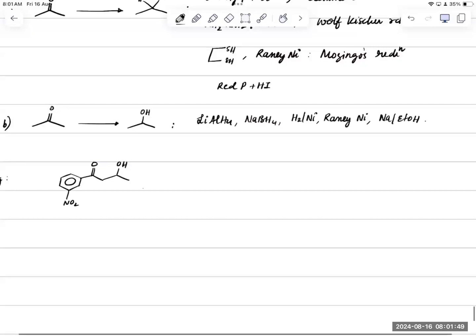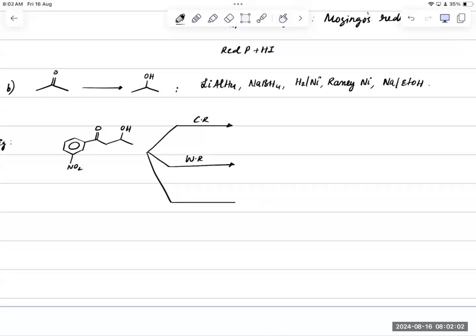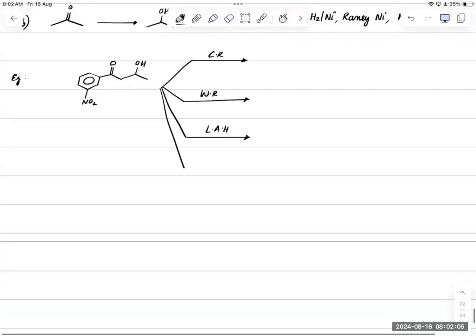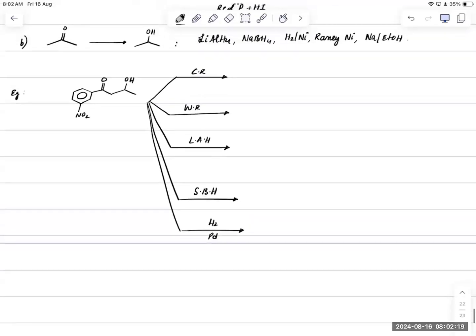And let's say I'm reacting this with Clemmensen's reagent, Wolff-Kishner, only lithium aluminum hydride, sodium borohydride, and lastly H2 over nickel, H2 over palladium, platinum, or nickel. In this case, what would happen?